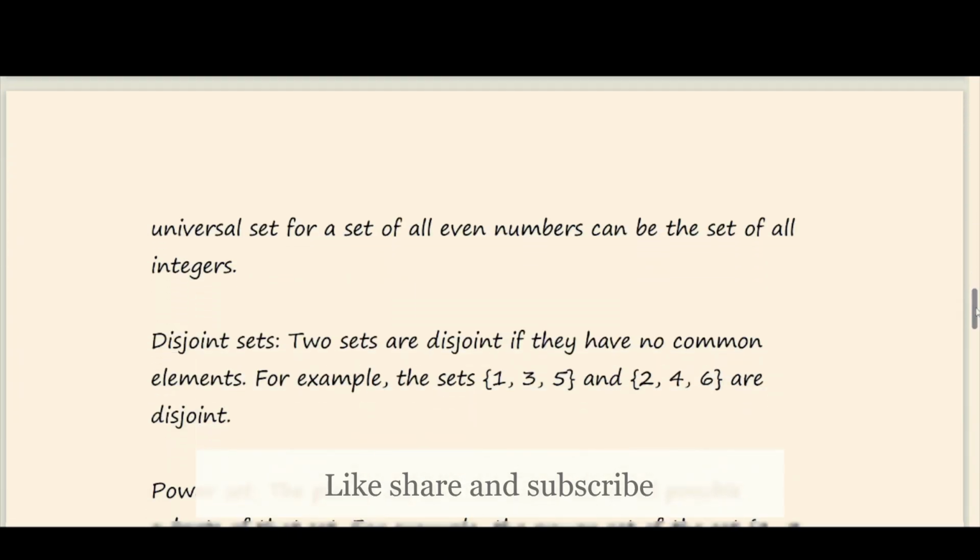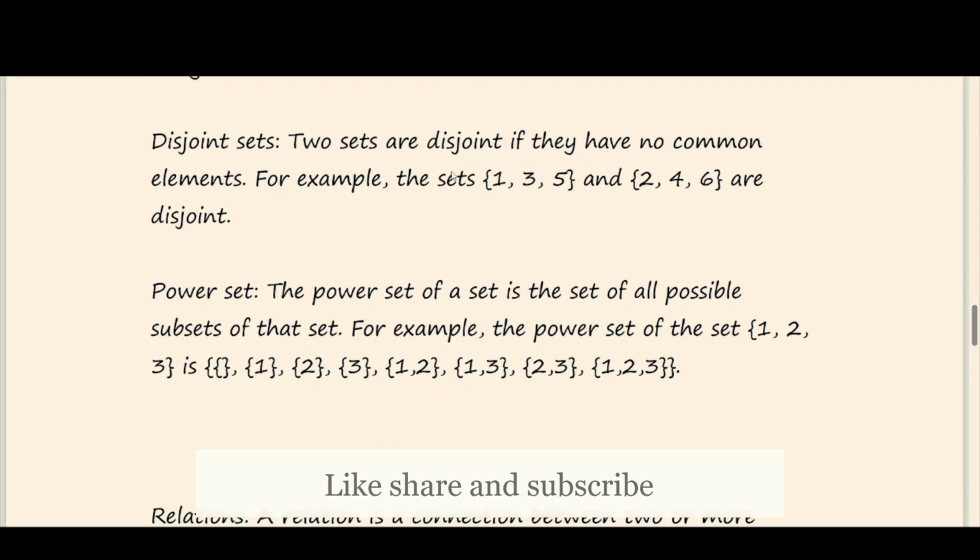Okay. Now see, disjoint sets. Two sets are disjoint if they have no common elements. For example, this set and this set. This set has the elements 1, 3 and 5, and this set has 2, 4 and 6.